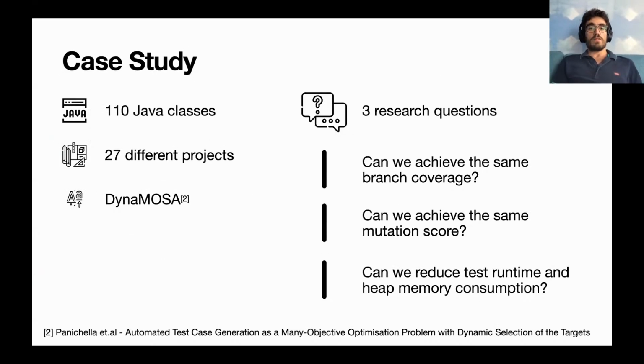So we evaluated our approach with a large set of Java classes, and we used Dynamosa, the state-of-the-art for multi-target approaches, as a baseline. And we asked ourselves 3 research questions. So we looked at the branch coverage between the 2 approaches, the mutation score, and we had a look at runtime and memory consumption.